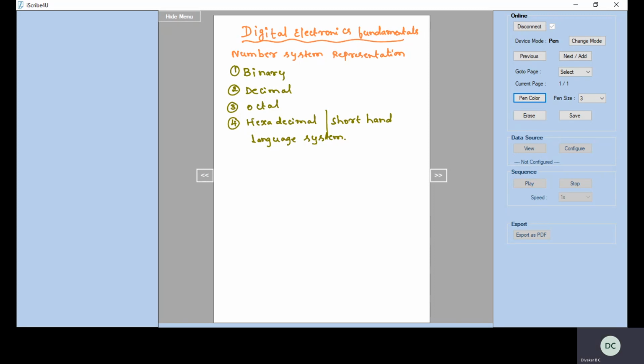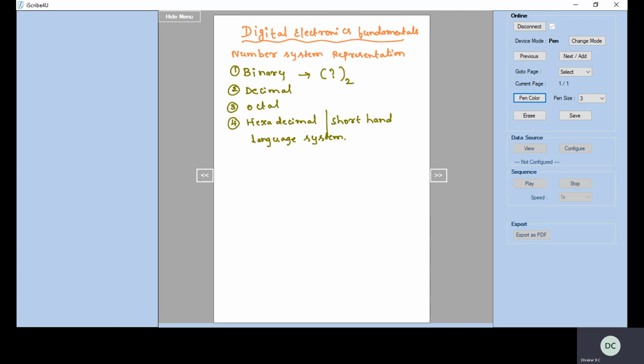A binary number system is one which uses two digits, 0 and 1. The base or radix of the binary number system is 2. The decimal system is well known to us since we use this system in our daily transactions.